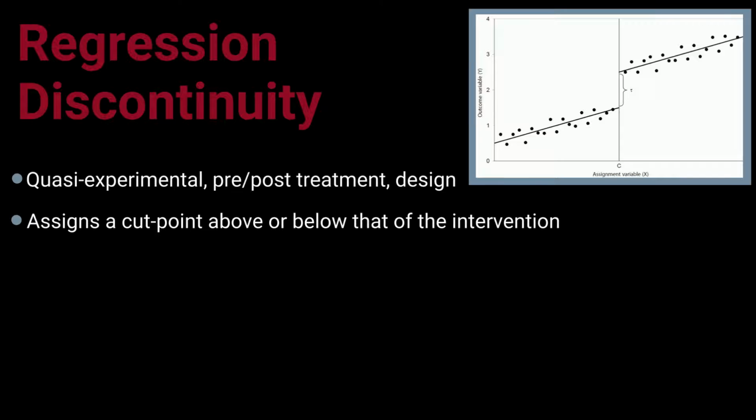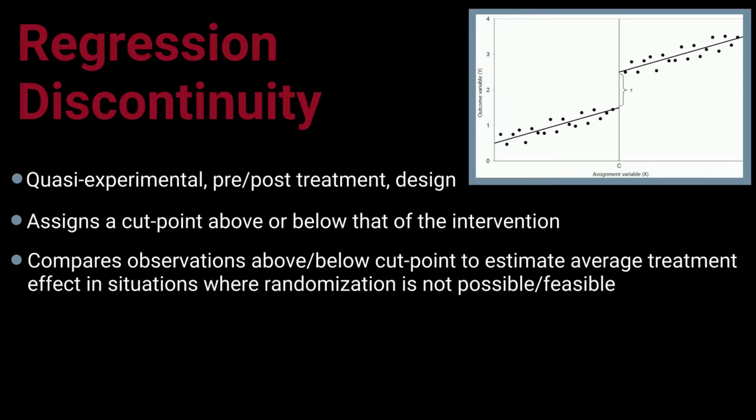First, let's review the research design of regression discontinuity, which is a quasi-experimental pre-test, post-test, or pre-post treatment design that's really aimed to determine causal effects of interventions through an assigned cutoff point or threshold above or below that of an intervention. So then one compares the observations that lie close to either side above or below this cutoff point to estimate the average treatment effect in situations or environments where randomization is not possible or feasible.